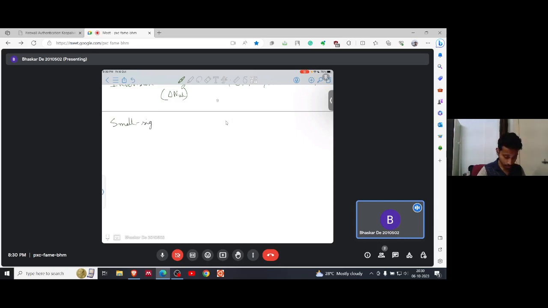Small signal gain coefficient G0 is 5 per meter, and here it is 3 per meter.